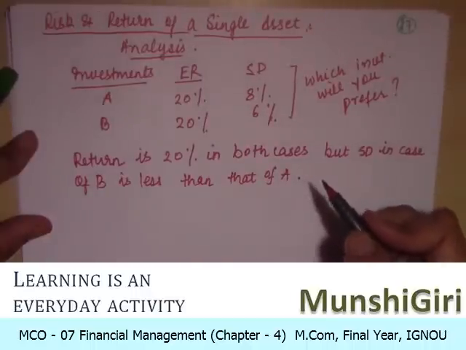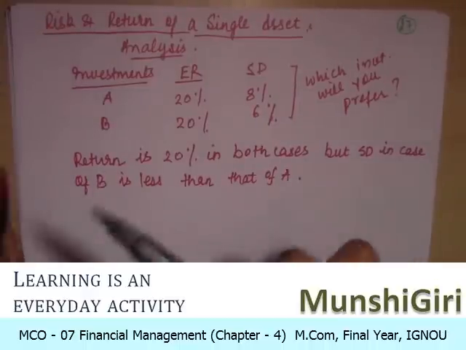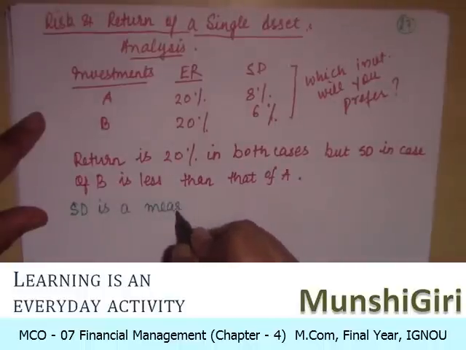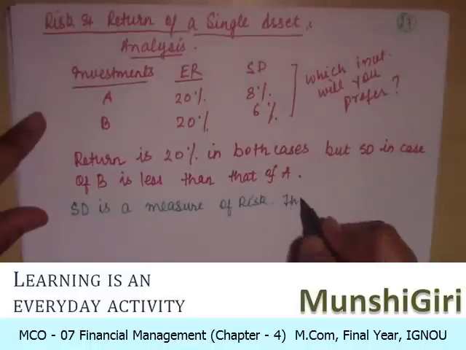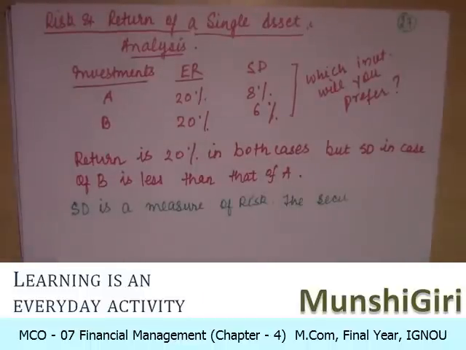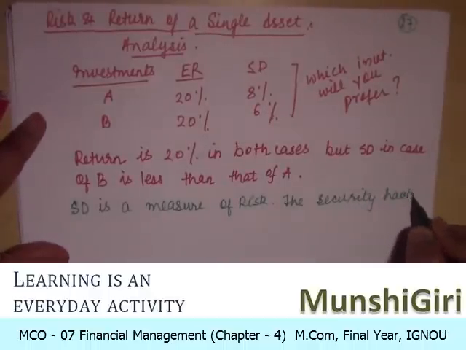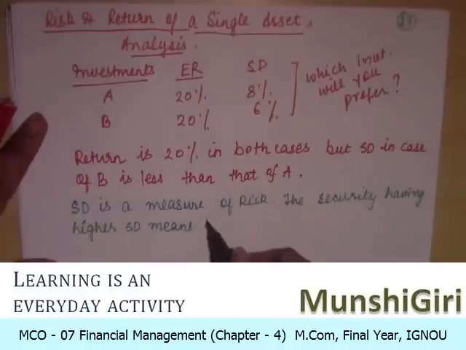Which means that a security having higher standard deviation is riskier. Standard deviation is a measure of risk. The security having higher standard deviation means a riskier security.